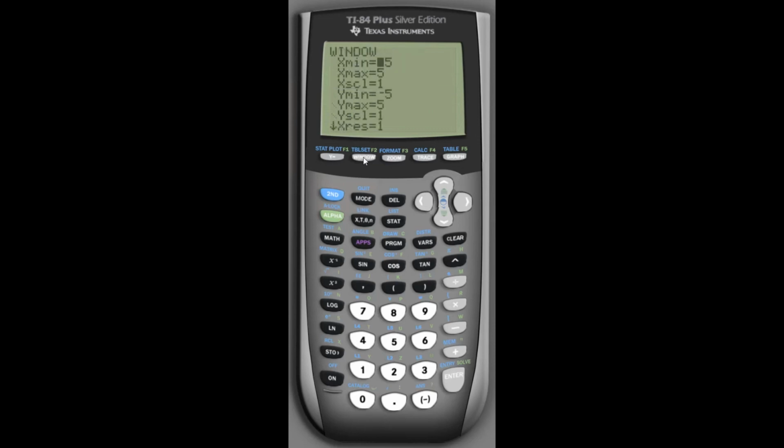So let's see what the window we have. So the window should be between 0 and 3.5, which is given to us, and then let's do the scale of 0.5. Let's see what the graph shows. And so you can see here that the only zero is at about 1.5. This is about where it is.